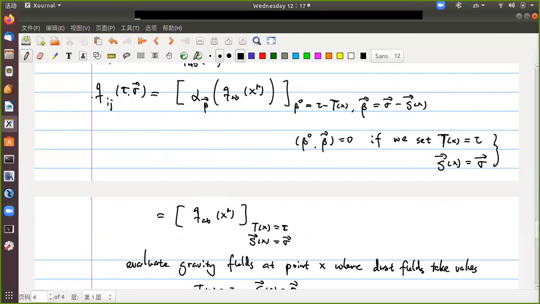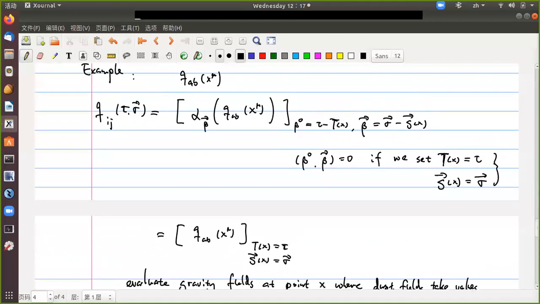Also here, the Dirac observable is labeled by Qij instead of Qab, because AB are coordinate indices corresponding to x. But now, since you are evaluating the field in the dust coordinate system or dust frame tau and sigma, this ij is the coordinate index for sigma, for the dust frame.